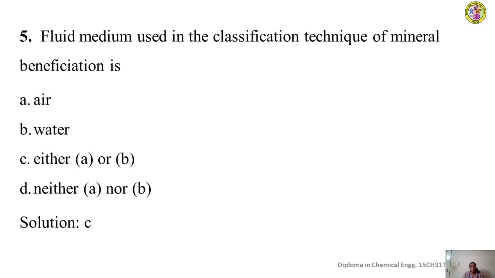The fluid medium used in the classification technique of mineral beneficiation is air, water, either A or B, or neither A nor B. So you can use either air or water in a mineral beneficiation operation.